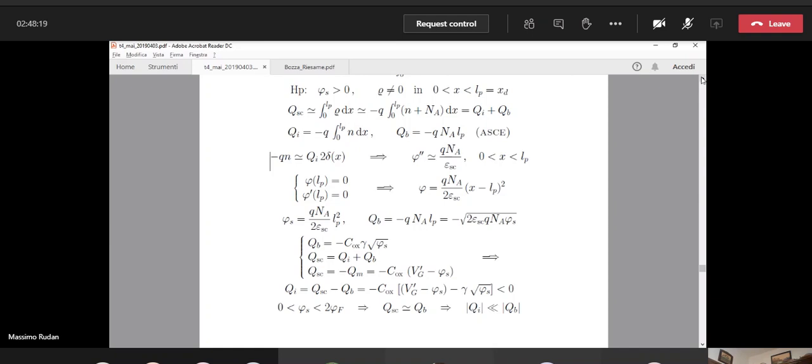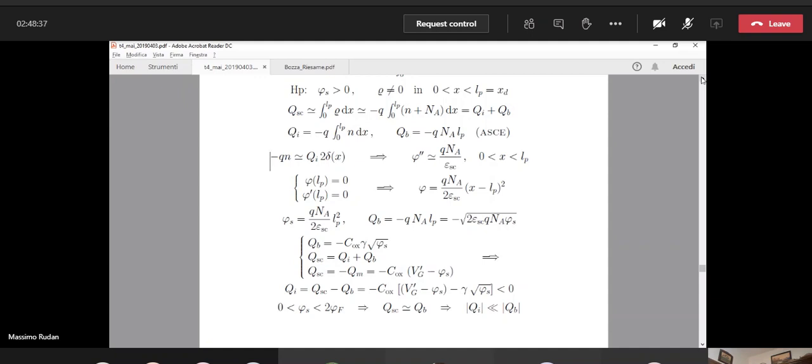the MOS capacitor is a capacitor, of course. But again, it is non-linear, okay? So we may associate a capacitance to it, but it must be a differential capacitance, okay?